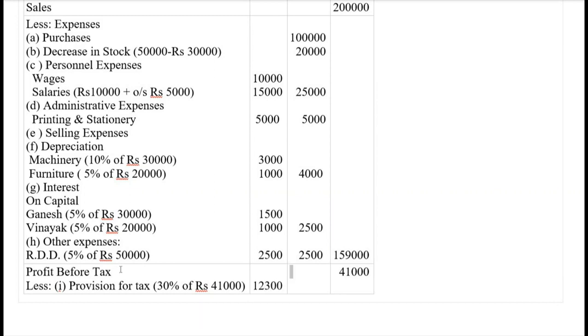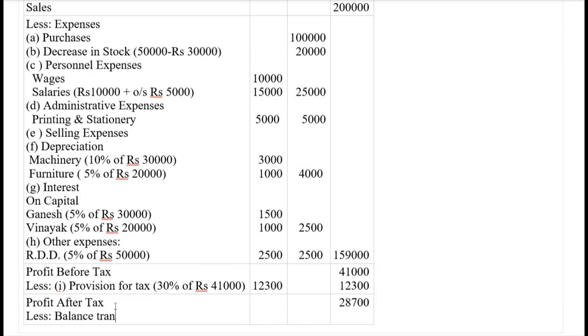The same shall be subtracted in the outer column. So the difference we get here is profit after tax. In short, it is called profit after tax. The difference we are going to get here is 28,700.